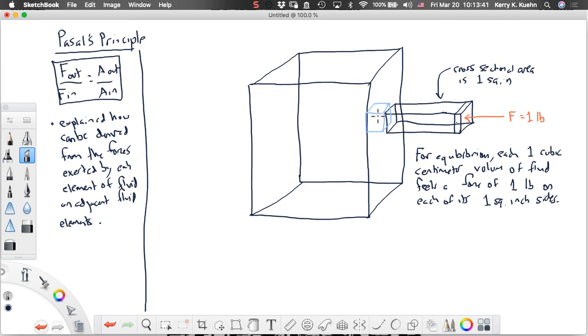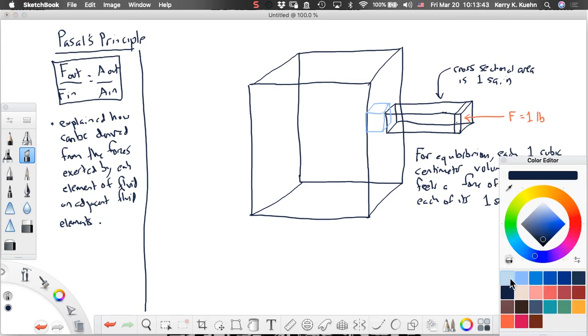So this little cube of fluid right here has a 1 pound force on its left side, its right side, its top, its bottom, and so on, and that is how it's sitting in equilibrium, right?